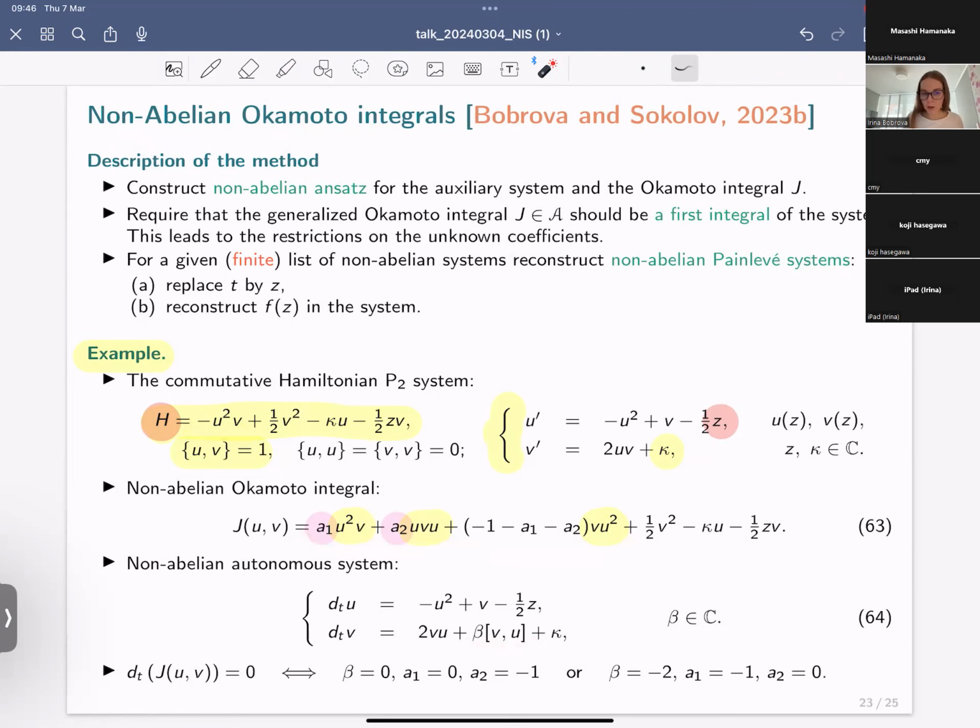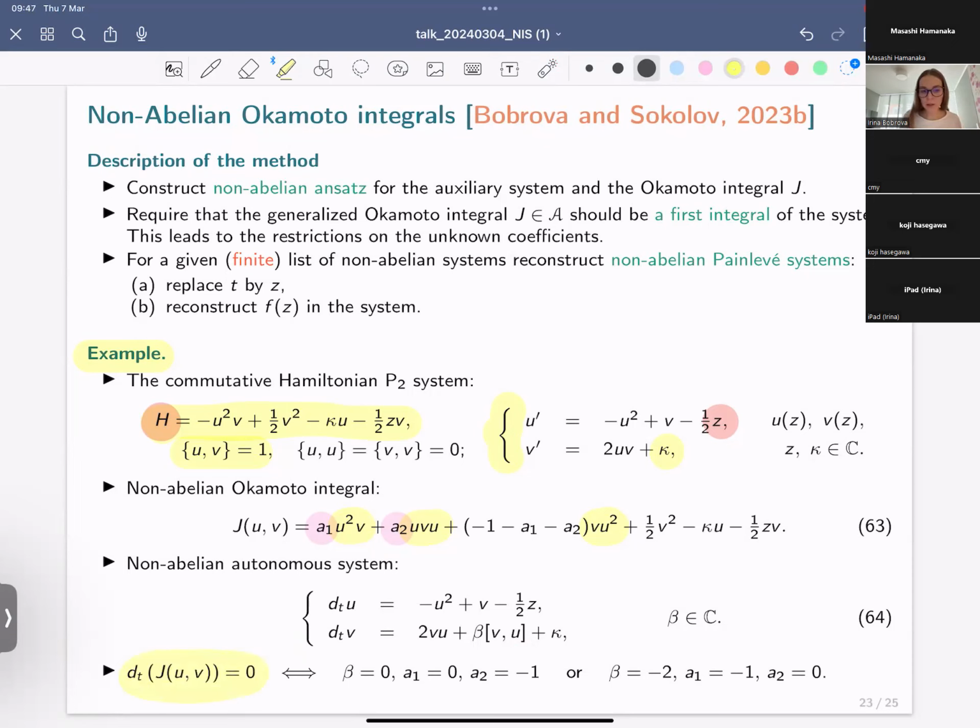So now we require that this non-abelian integral is the first integral of our non-abelian autonomous system of the Painlevé-2 type.